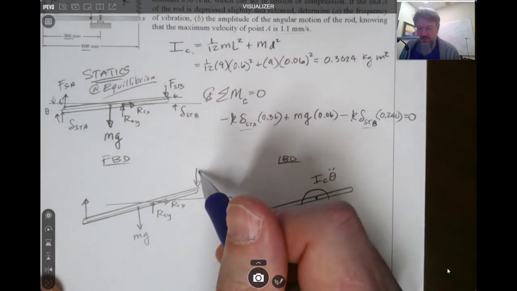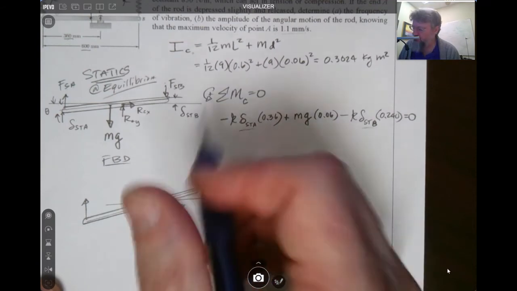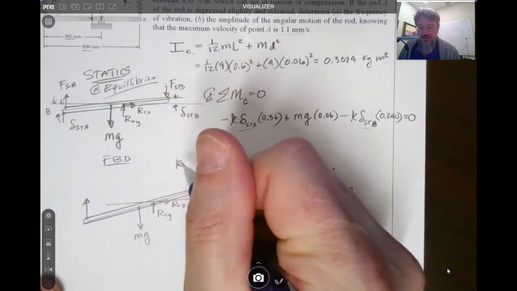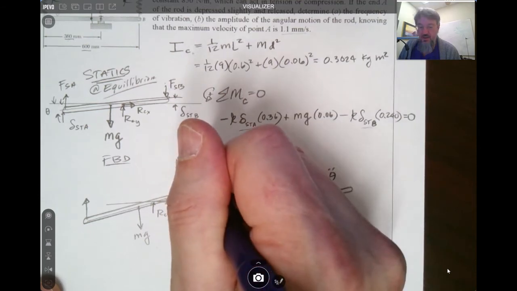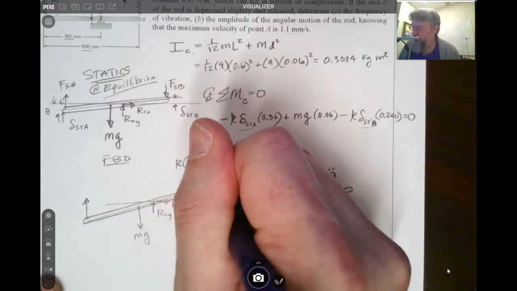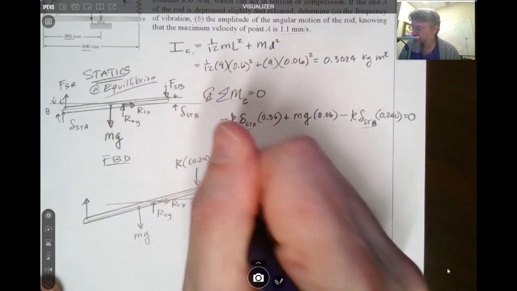Now, this force right here is going to be K times 0.24 times theta, right?